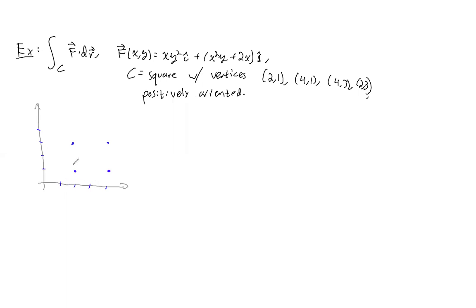So our curve looks like this. And it's positively oriented, which means that it's counterclockwise oriented. So this is our curve C.